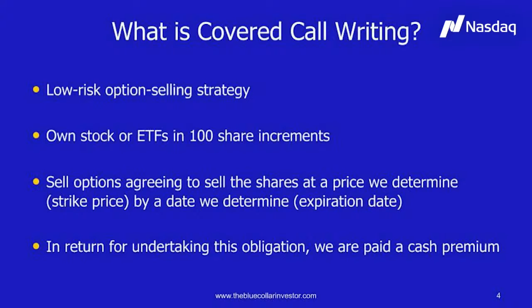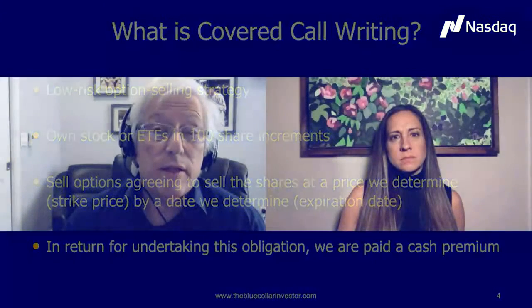When we're doing covered call writing, here's how it works. We are selling some unknown person the right, but not the obligation, to buy our shares from us at a price that we determine, that's called the strike price, by a date that we determine, that's called the expiration date. I do monthly options, and most expire on the third Friday of the calendar month, 4 p.m. Eastern Time.